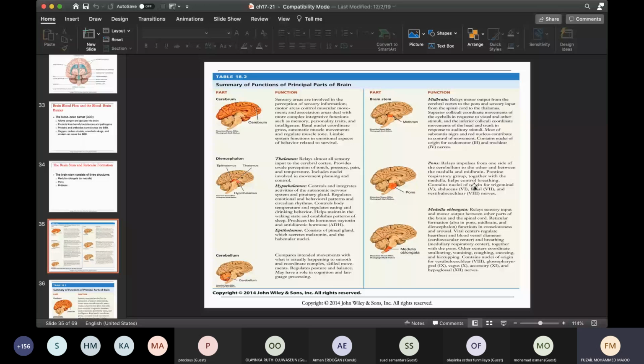Then you go down to the medulla oblongata. Medulla relays sensory input and motor output between parts of the brain and spinal cord. Again, this is the part that's responsible for consciousness as well as arousal.